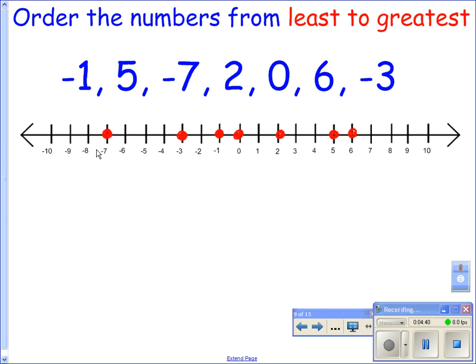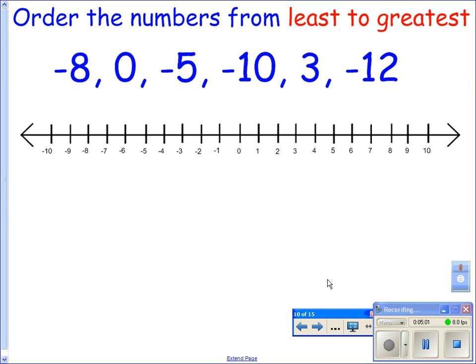Then you're just going to put them in order in the order that it comes on the number line. So we have -7, then -3, -1, 0, 2, 5, and 6. These numbers are now in order from least to greatest.